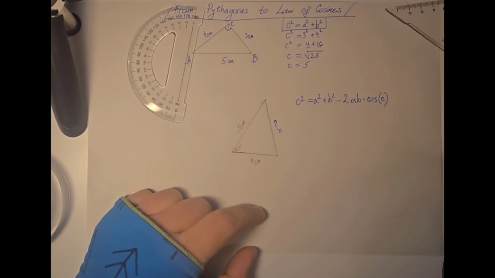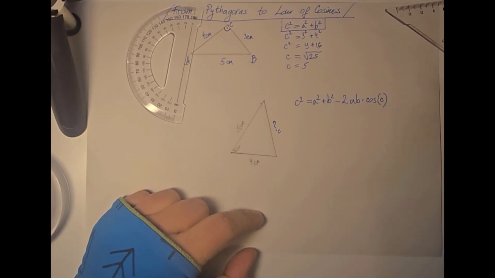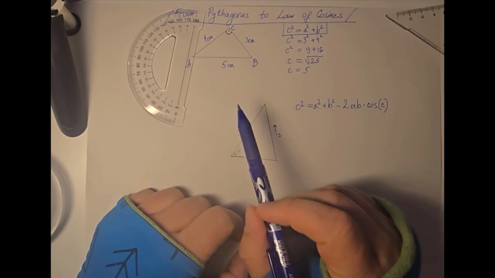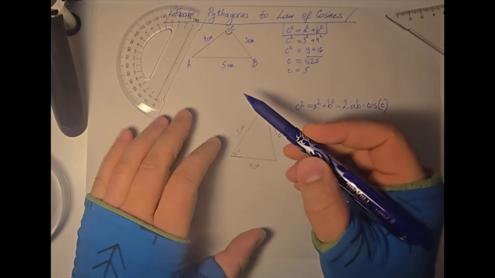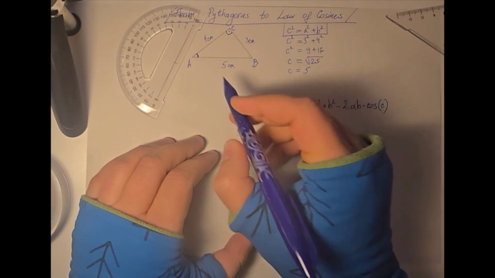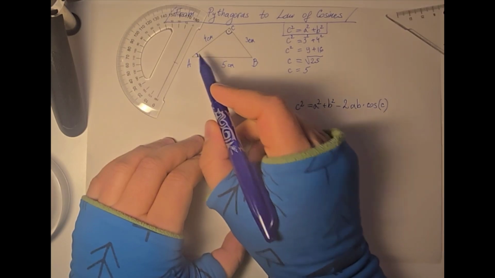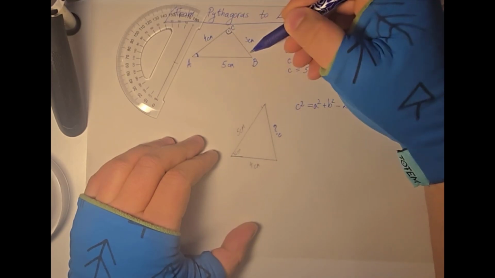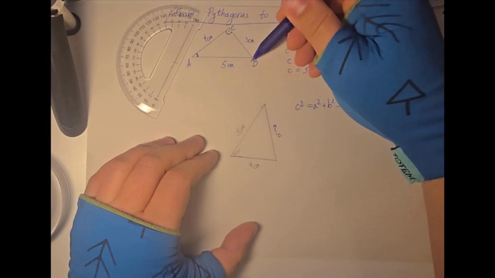Okay, so what's the cosine of 60 degrees? This pretty much tells us how much it is. If we're looking for the cosine of this angle, here we are taking a look at CB divided by AB.